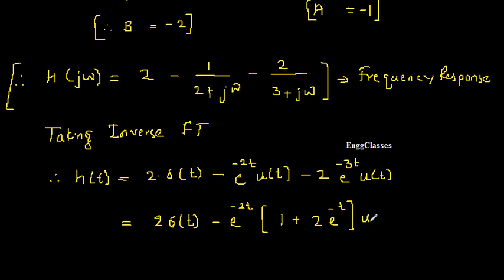And I would also take u of t out. Just multiply, I'm going to get minus e to the power minus 2t u of t minus e to the power minus 2t minus t becomes e to the power minus 3t, 2 times u of t, correct? So ultimately h of t. This I would call the impulse response. Let me write the same thing. This is how we found the impulse response.